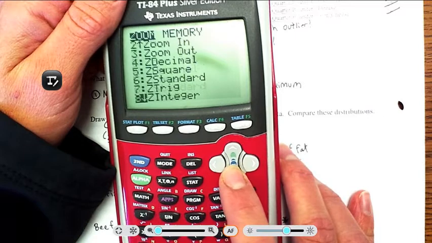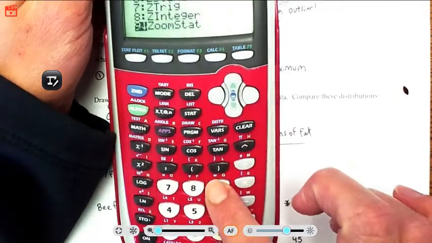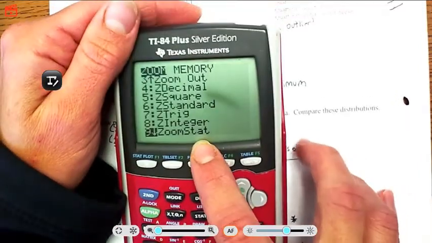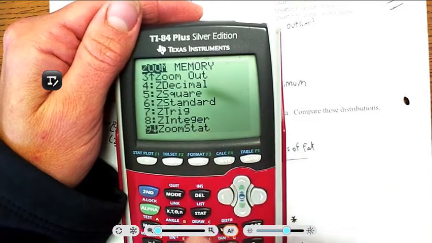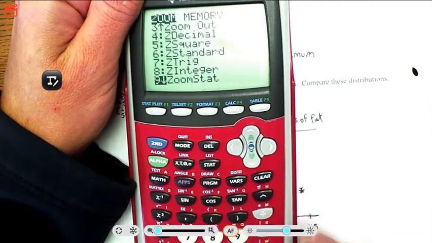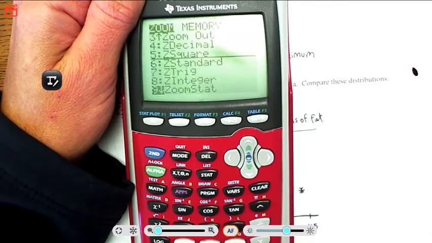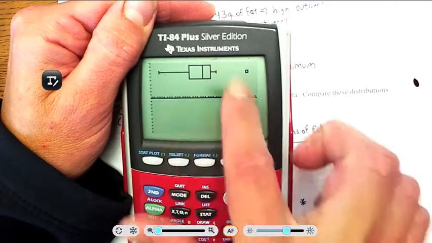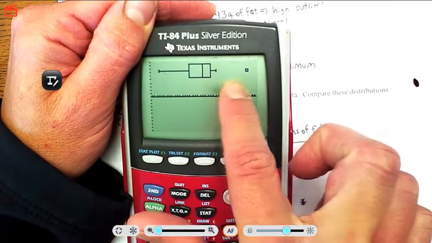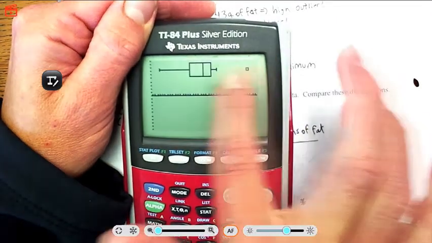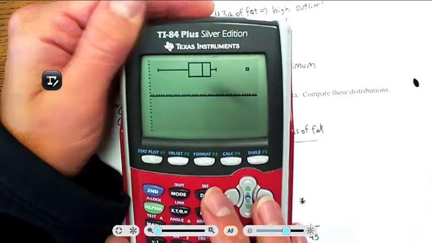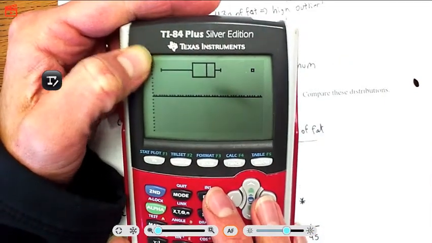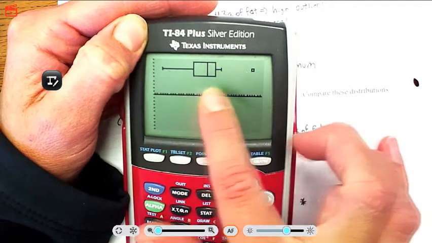Stat is the 9th option down, so you can press 9 on your keyboard, or you can just scroll down to the 9th option. This means it's going to pull out of your Stat menu that list of numbers that you stored in there. Zoom Stat is going to get me a window then that shows my box whisker and my outlier, and it fits it all on one screen. Remember, the y-axis doesn't really mean anything, okay? It's the x-axis that means everything.